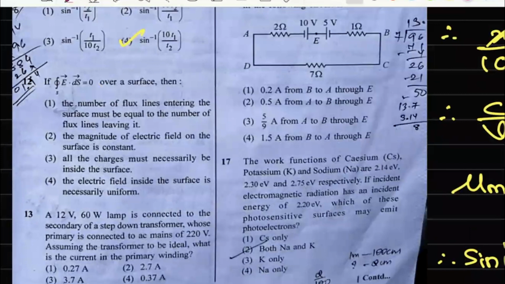So the number of flux lines entering the surface must be equal to the number of flux lines leaving it. Okay, and the second option, the magnitude of the electric field on the surface is constant. All the charges must necessarily be inside the surface, and the electric field inside the surface is necessarily uniform.